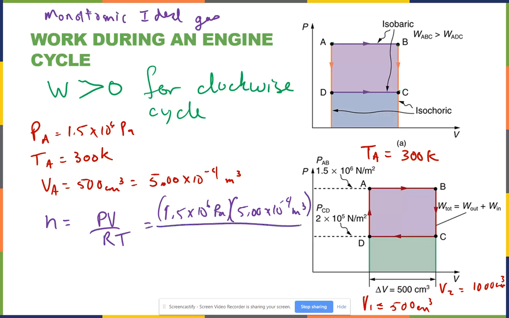There's PV over R. What is R? It's a constant. I didn't bring my phone. I can't look it up. It's 8.31 something. Somebody give me what R is?